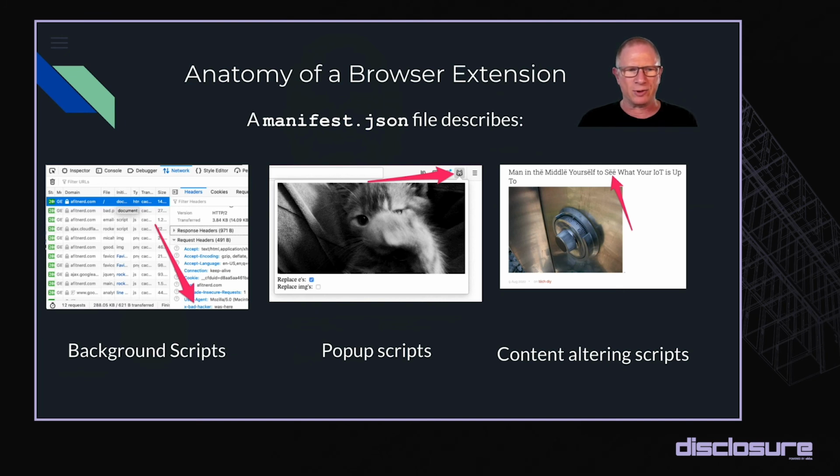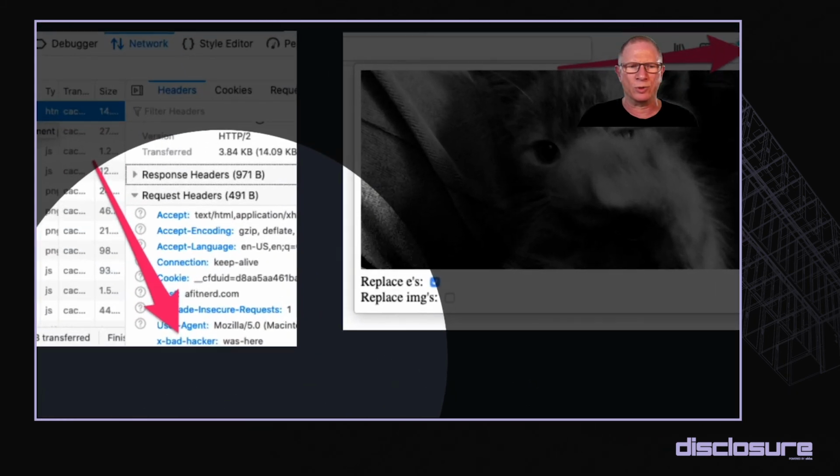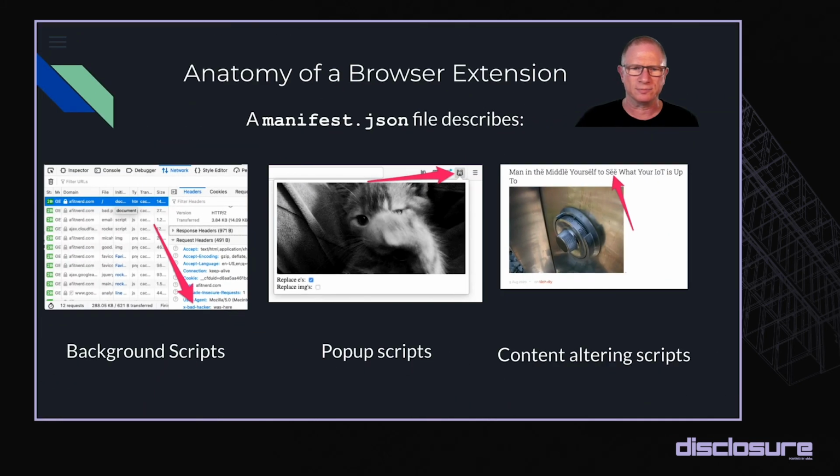This can be background scripts. These are things that alter headers and URLs and work in the background. And we're going to see in a little while that you can do everything from changing URLs in flight to adding in additional headers that weren't originally part of the request.